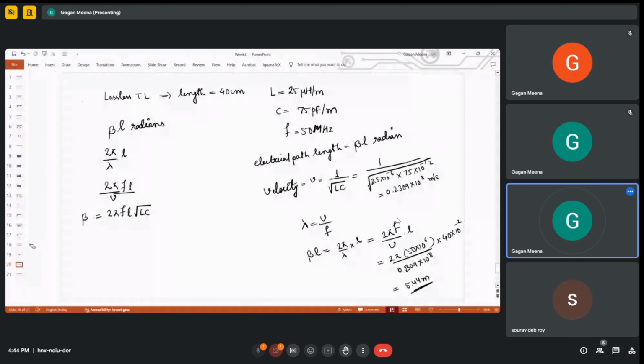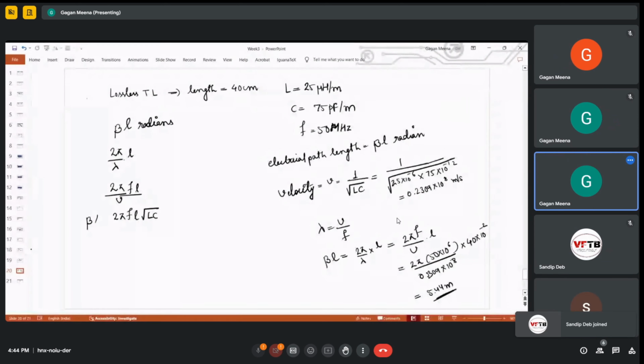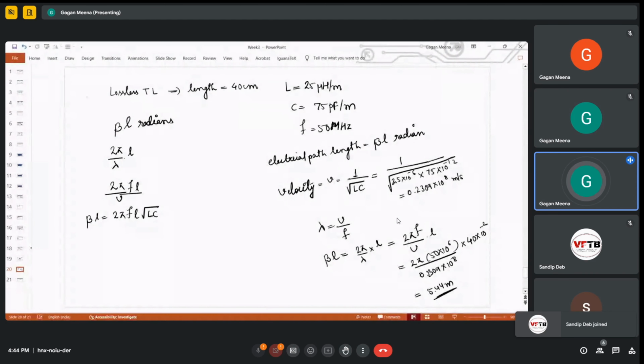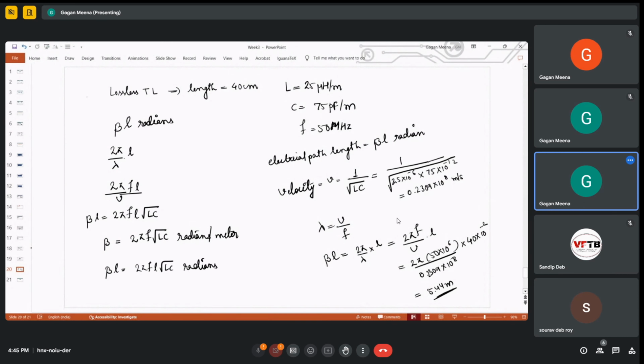This is beta L. Or we can say beta is equal to 2 pi f root LC, which will be in radians per meter. But if you want beta L, then it will be 2 pi f L root LC in radians. So this is also done.